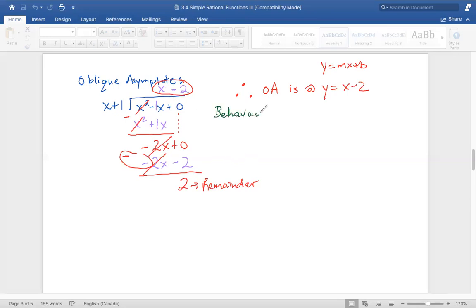I'm just putting it here again for space. Behavior around my oblique asymptote. So we're going to evaluate at our infinite limit.